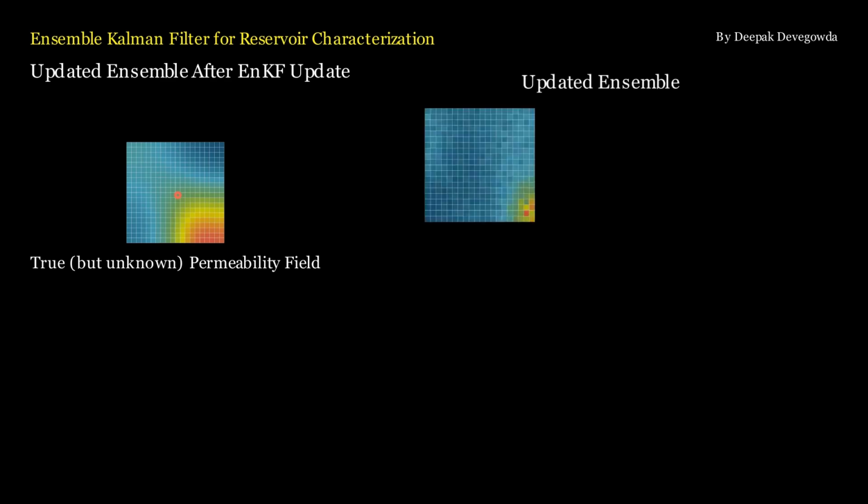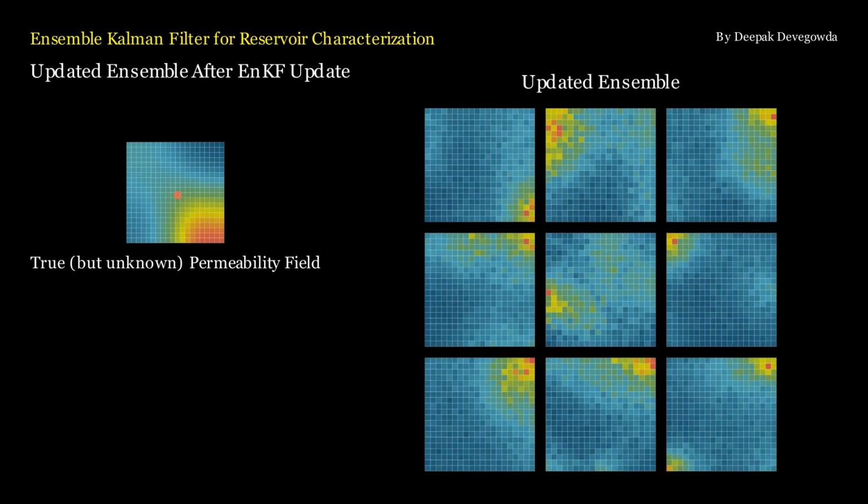So this is the updated state vectors at a time of 20 days, and we will have the corresponding ensemble members updated at that time of 20 days. And hopefully these ensemble members are approaching closer to the true but unknown permeability field.